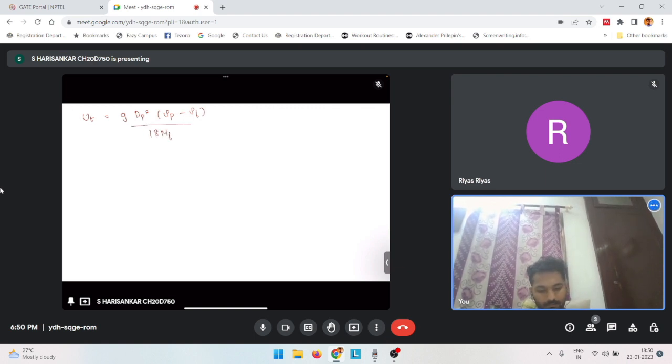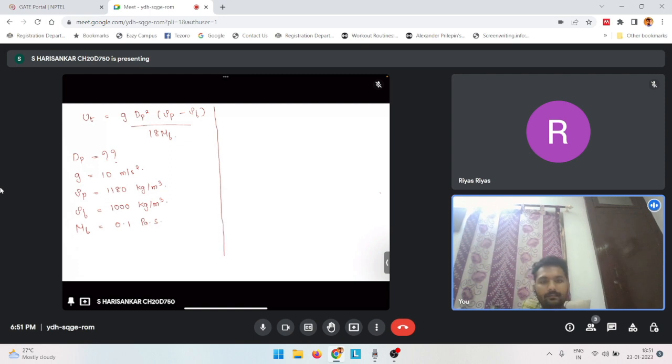Here dp is unknown, g is given as 10 meter per second square, rho p is 1180 kilogram per meter cube, rho f is 1000 kilogram per meter cube, and mu f, the viscosity, is 0.1 Pascal second. So let us substitute everything here.